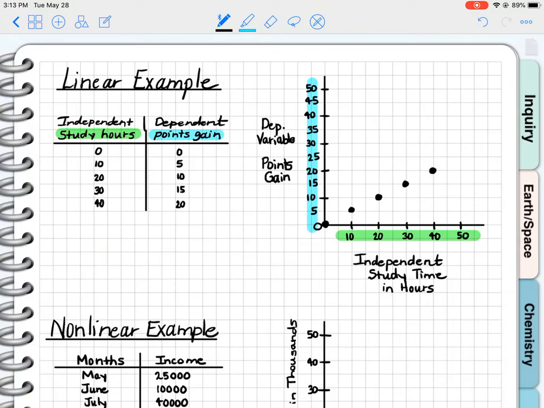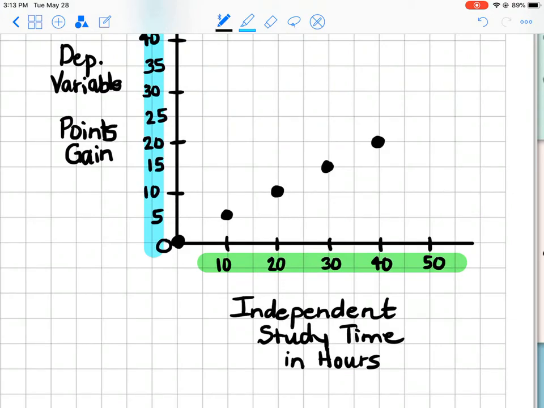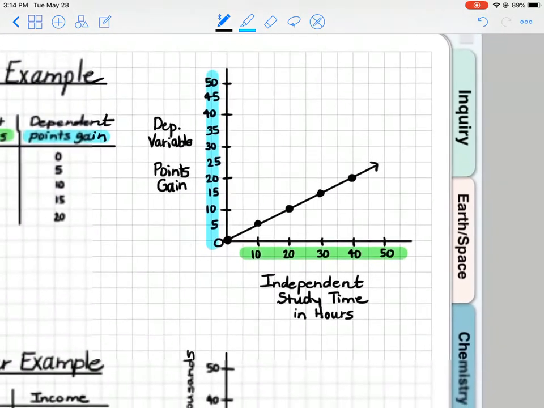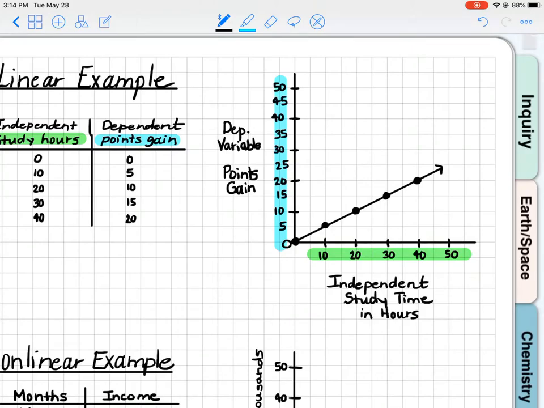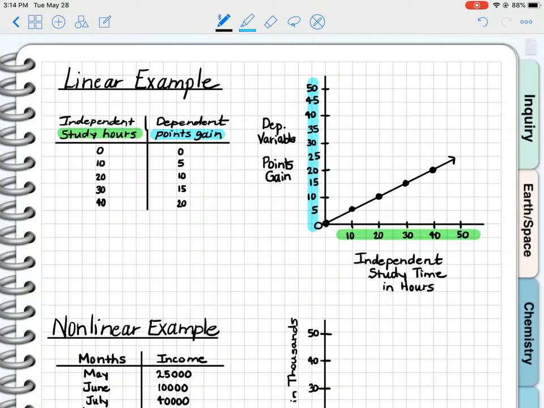And here's where the term linear comes from. I have plotted those points, and here comes the line. I'm going to draw a line through those points with a straight edge, and you can see that this is a constant rate of change. That line is perfectly straight. That is a line. It's a linear relationship.